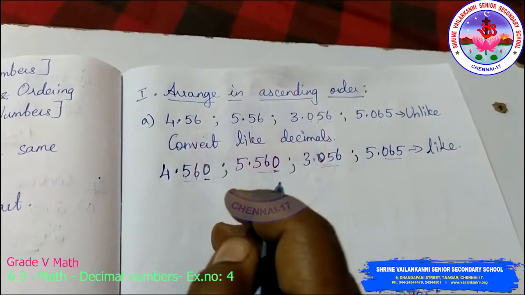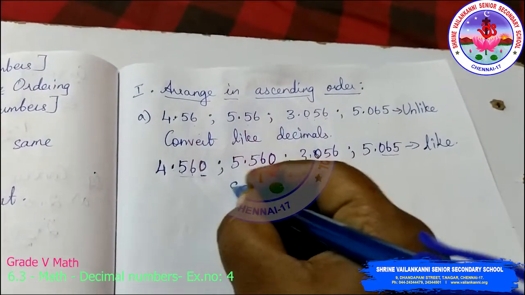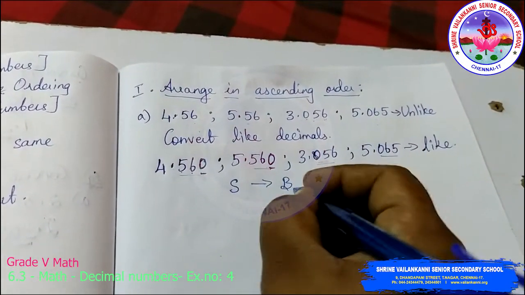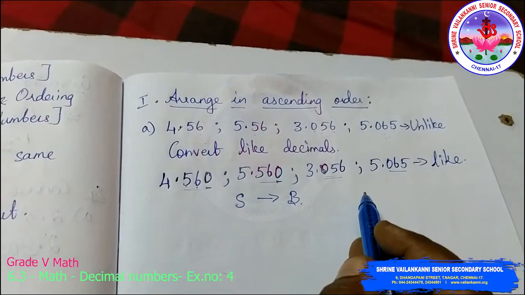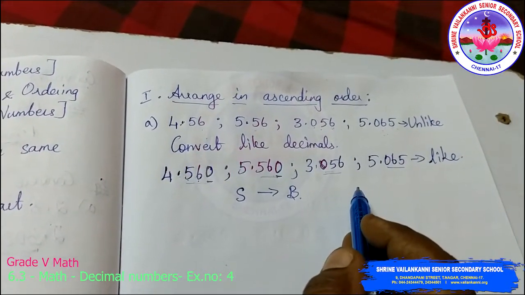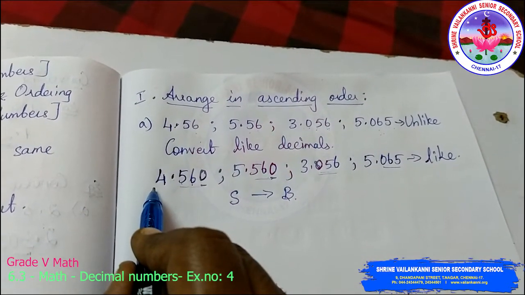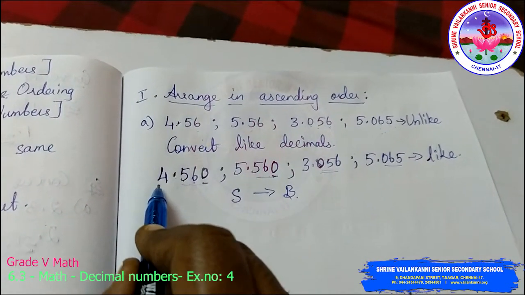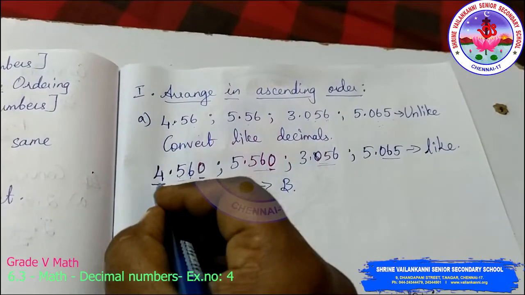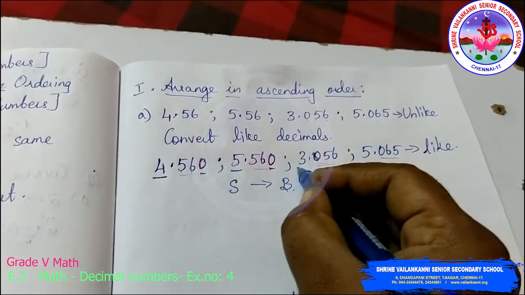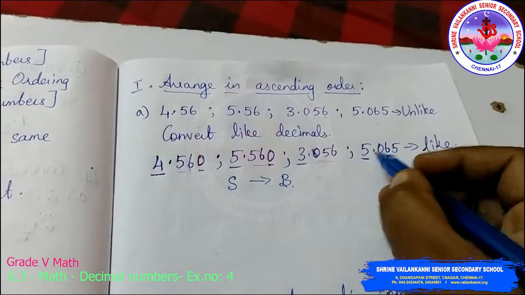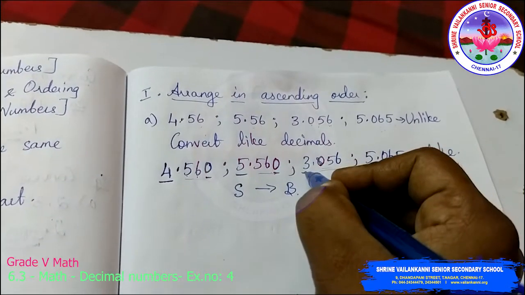So now you can compare which is smaller and which is greater. Since it is ascending order, we have to go from small to big. So which is the first smallest number? When you compare, you have to start comparing with the whole numbers. The whole numbers are 4, 5, 3, 5. Which is smaller? 3 is smaller.